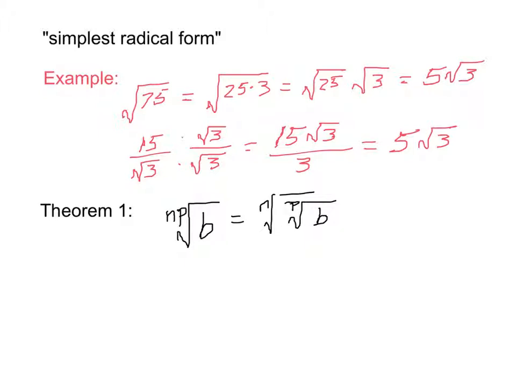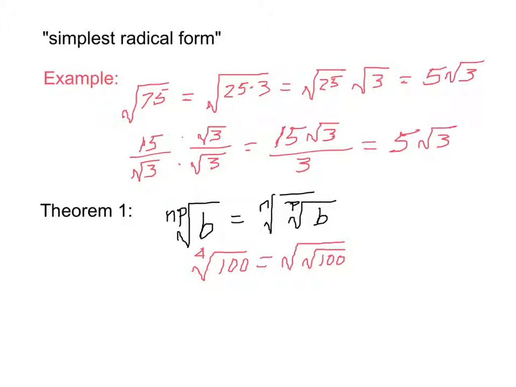So what do we mean by that? Let me give you an example. Let's say we've got the fourth root of 100. Well, I can rewrite that as the square root of the square root of 100.